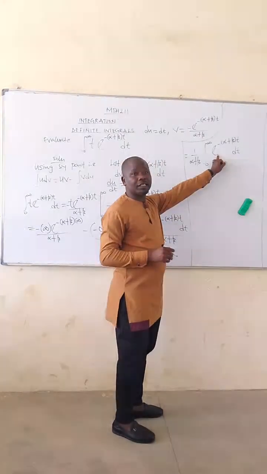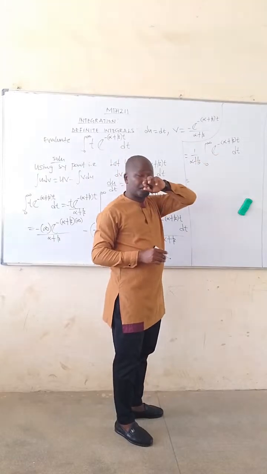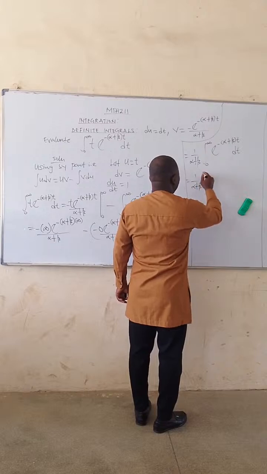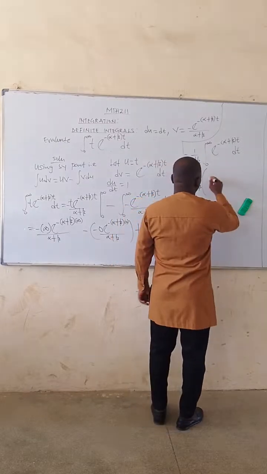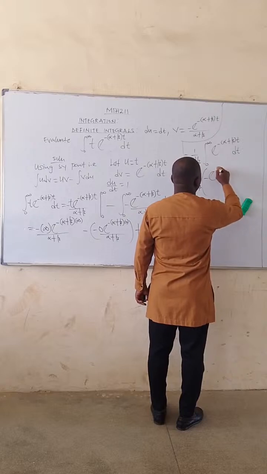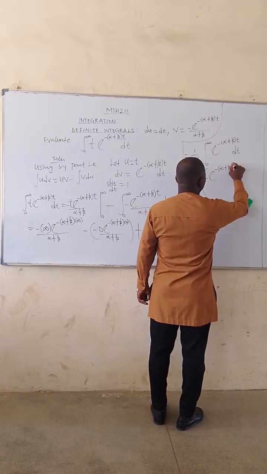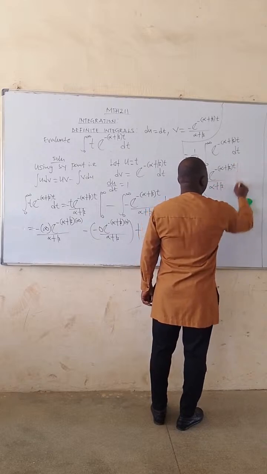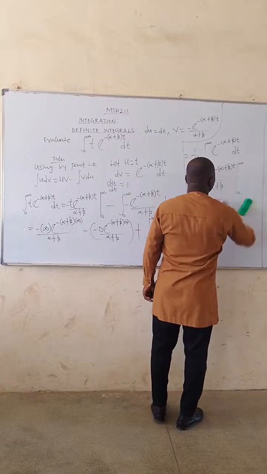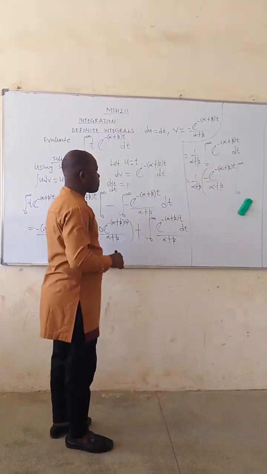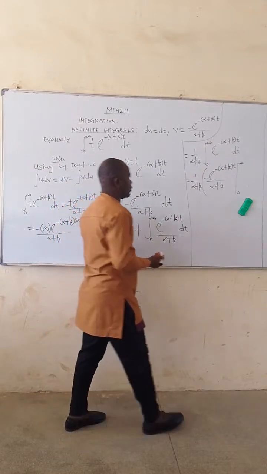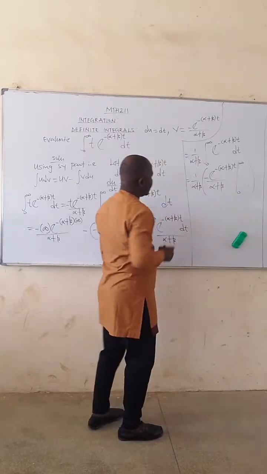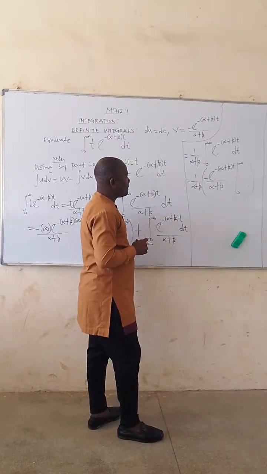If we integrate this, what are we supposed to have? It means we have 1 all over alpha plus beta, open brackets, minus exponential alpha plus beta t, all over alpha plus beta, at 0 to infinity.